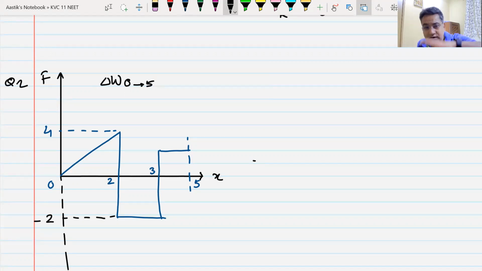Velocity time graph, above time axis, area is positive. Below time axis, area is negative. Force displacement graph, above x-axis, work done is positive. Below x-axis, work done is negative. Whether you call it force displacement graph, work done, or velocity time graph, distance and displacement, it is the same.